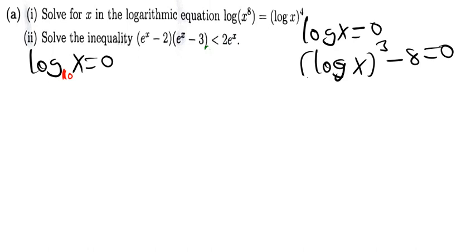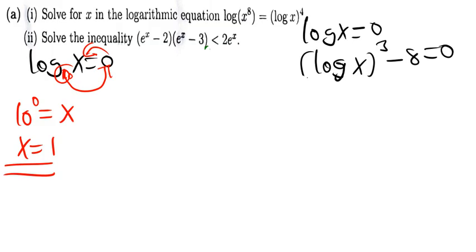So you change this from log to exponential: the base raised to the power what is outside is equal to what is inside. What does it mean? 10 raised to the power 0 is equal to x. Any number to the power 0 is 1. x is equal to 1. I have one value of x. Is that okay? I'm done with that part.